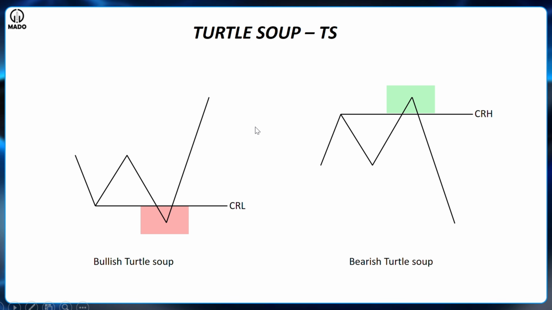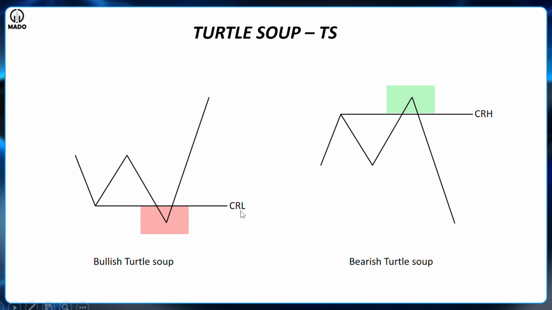Now, when you look at this on a real chart, it can get confusing. Like, which low is the right one for the turtle soup, right? That's where CRT comes into play. When you zoom out to the higher time frame, you'll notice something interesting. Those old highs and lows that got purged usually line up perfectly with a CRT high or CRT low.